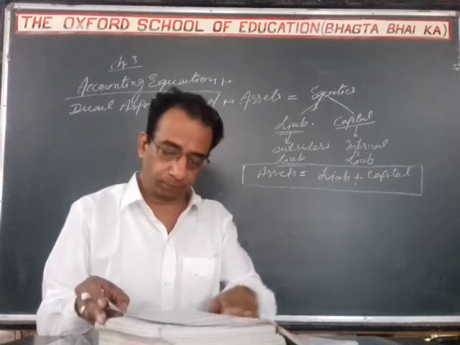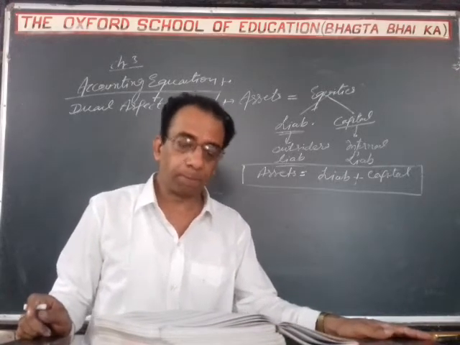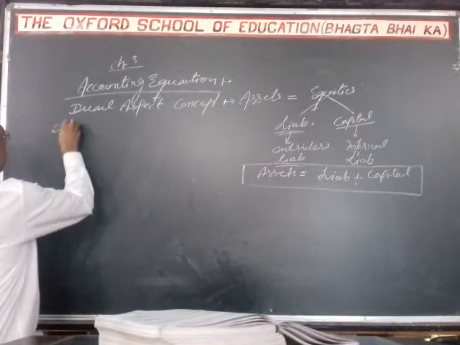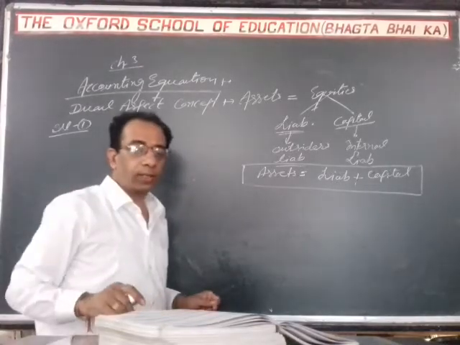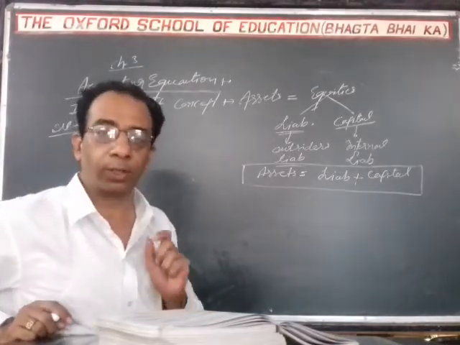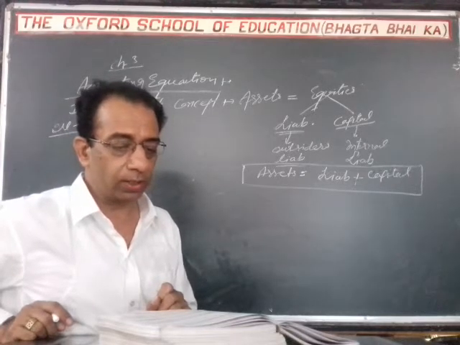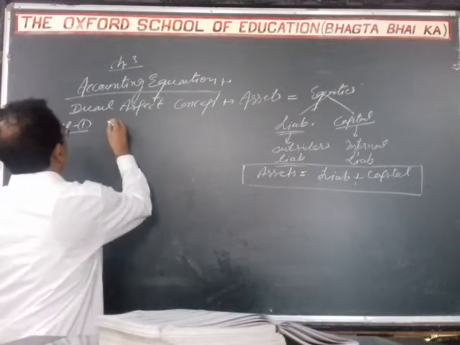So student, let me start illustration number 1. First of all, student, we have to write the statement. First statement is Ketan introduced cash 3 lakh to start the business.